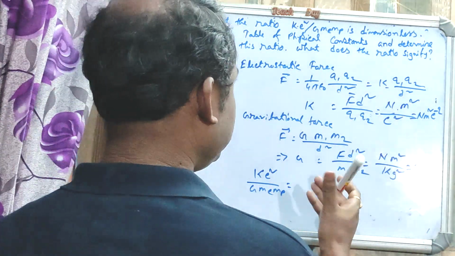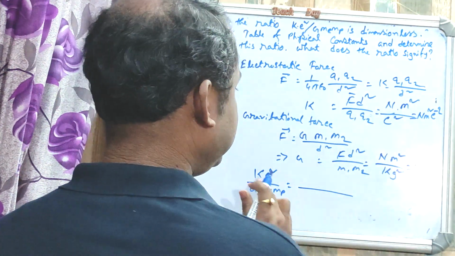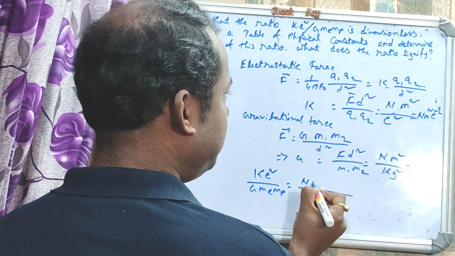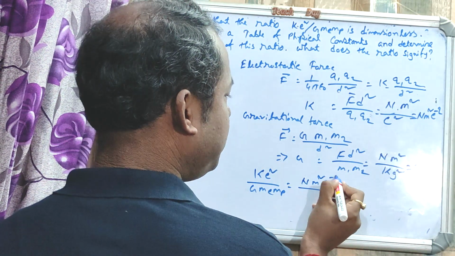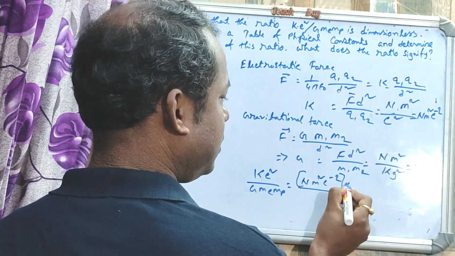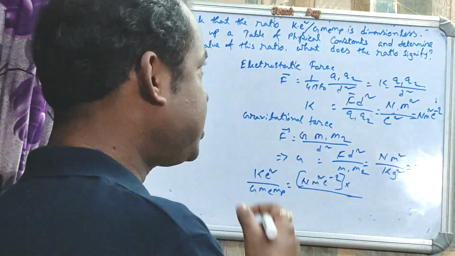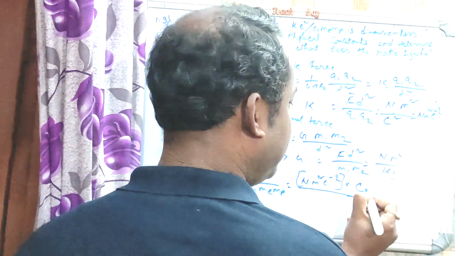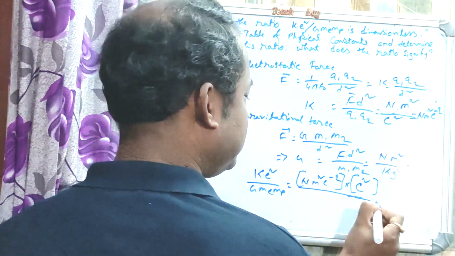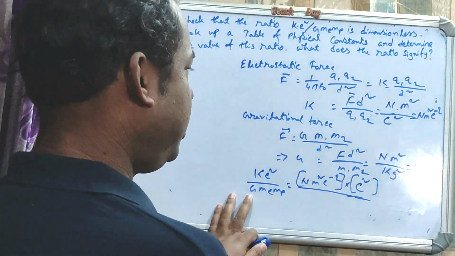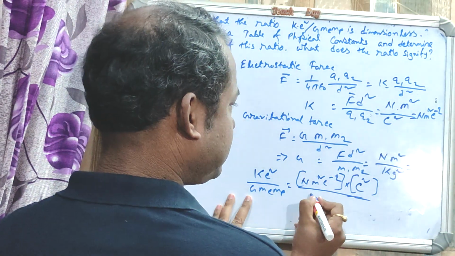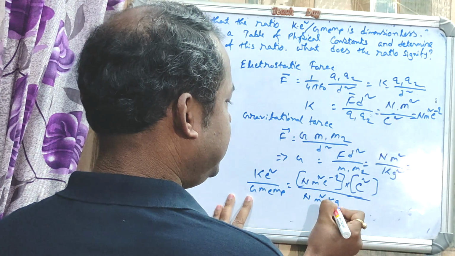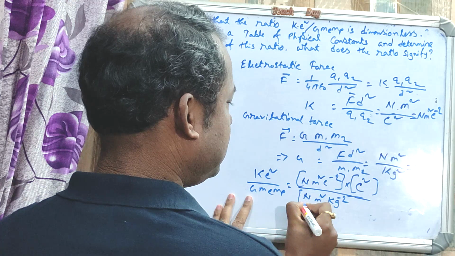So we write here, K in SI units, that is Newton meter square coulomb to the power minus 2. It is multiplied with e square. What is e? That is the charge, obviously. So this is coulomb square, that is C2. Now G, next one, is Newton meter square kg to the power minus 2.